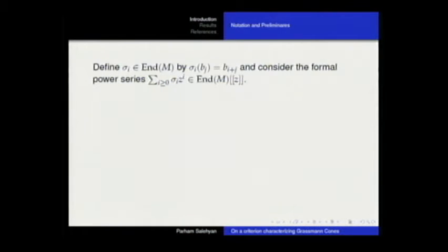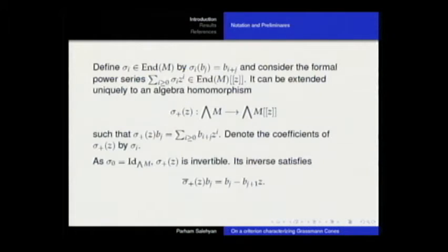We will also define a sequence of endomorphisms of M, denoted by sigma i, that is nothing more than shift endomorphisms defined over M. And we consider the formal power series sigma(z), which is an element of this ring. It can be extended uniquely to an algebra homomorphism from the whole exterior algebra of M. It's a straightforward demonstration.